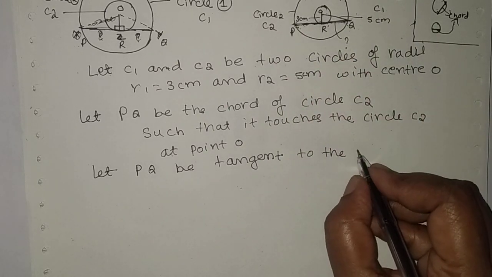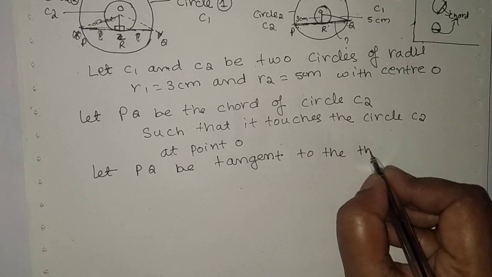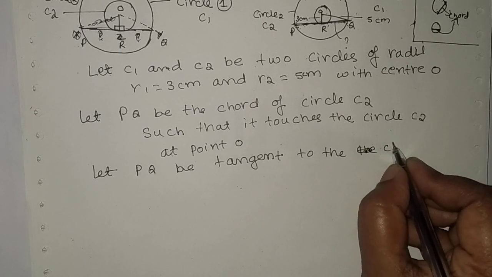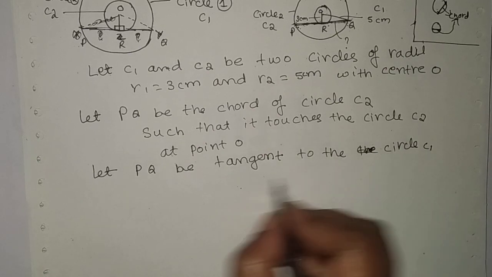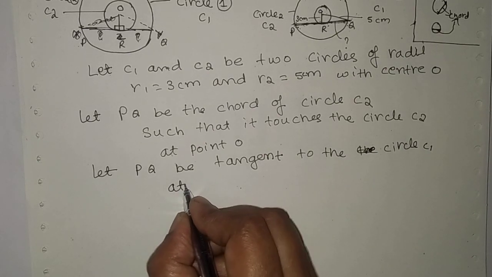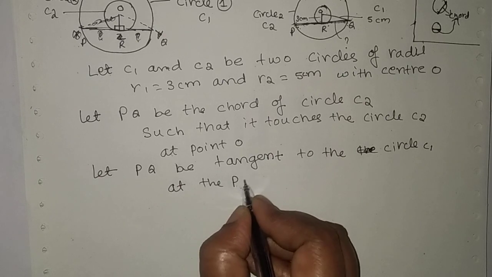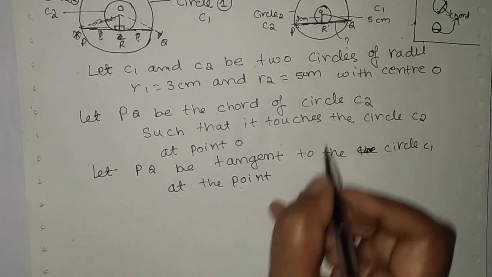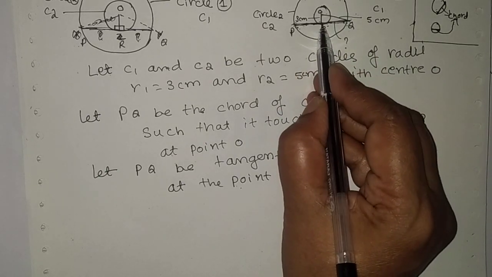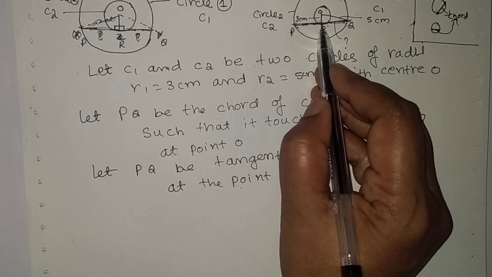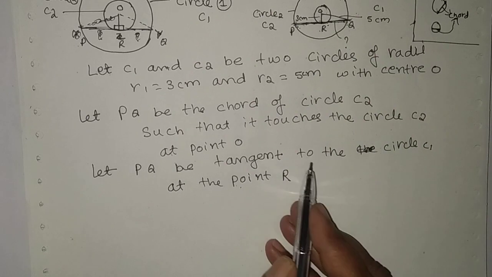So PQ is the tangent to the circle C1 at the point R. So R is the point of contact for the tangent to the circle C1.